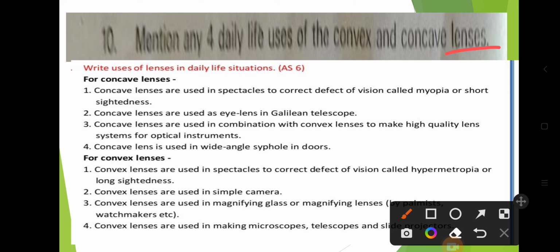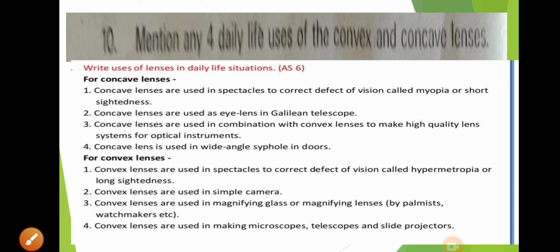Concave lenses are used as the eye lens in Galilean telescope. Concave lenses are used in combination with convex lens to make a high quality lens system for optical instruments. Next, concave lens is used in wide angle spy-hole doors.